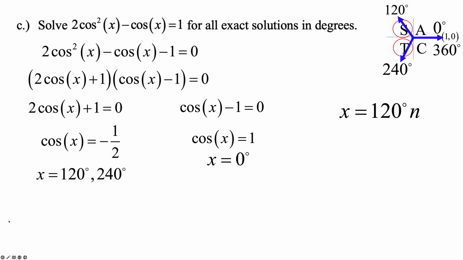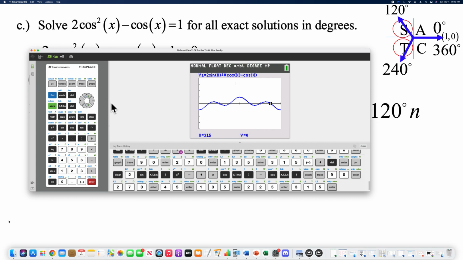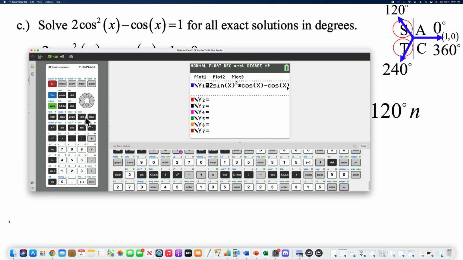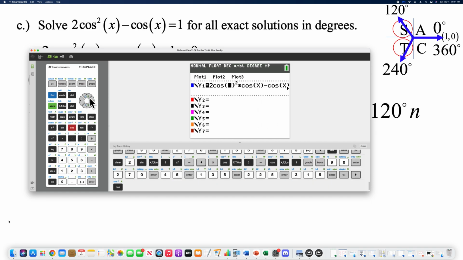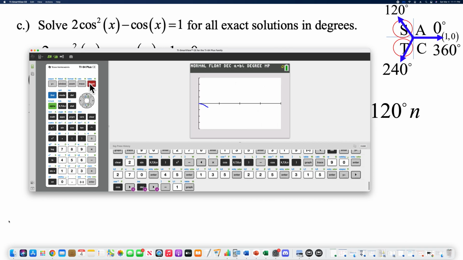Again, we could go to the calculator to justify that. Y equals, we want 2. I'm going to be sneaky here, put the cursor on sine and hit cosine, and that's done. And we'll just get rid of that multiplication. And we have to put a minus 1 at the end. Graph it.